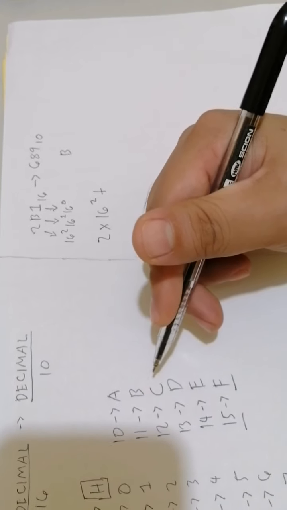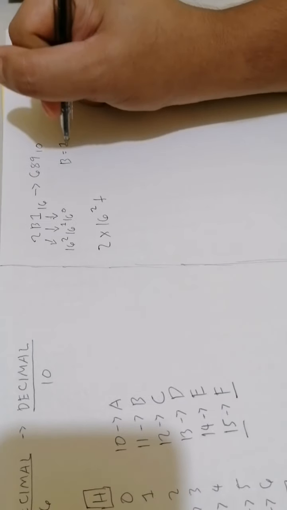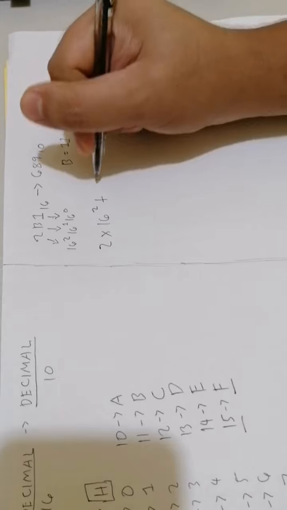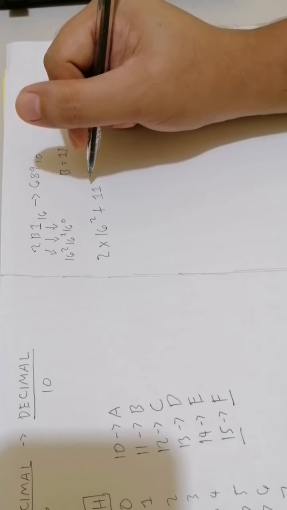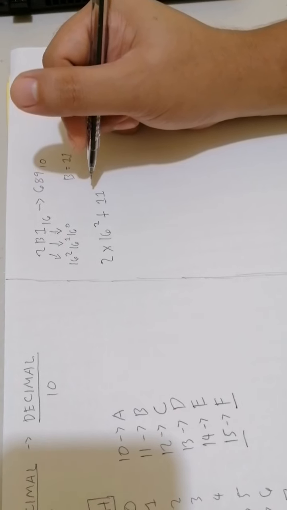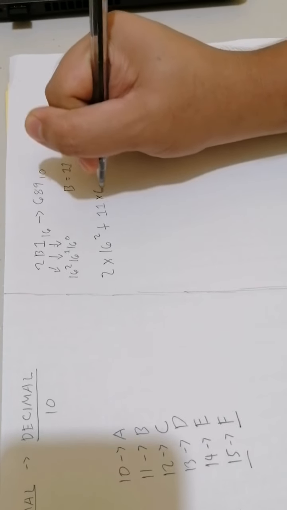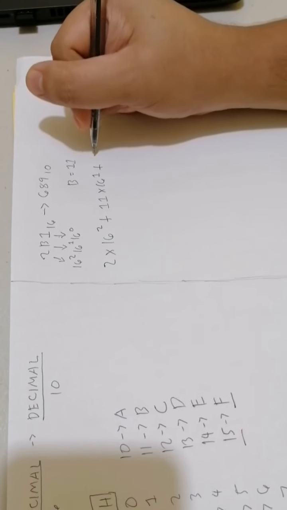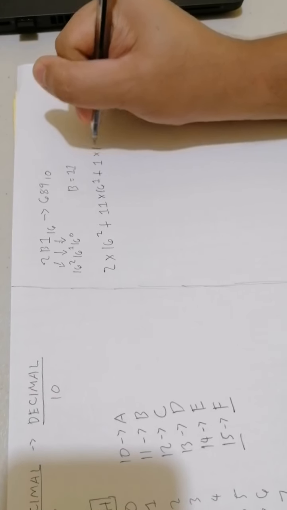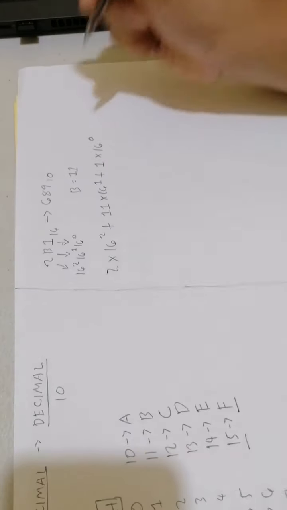So this is going to be 11 times 16 to the power of 1 plus 1 times 16 to the power of 0.